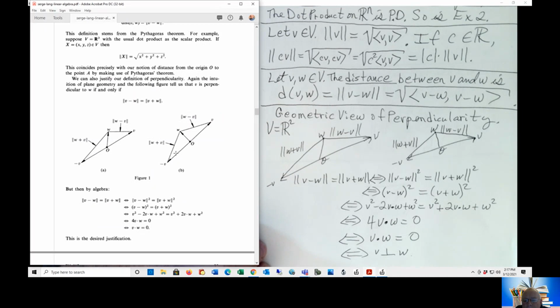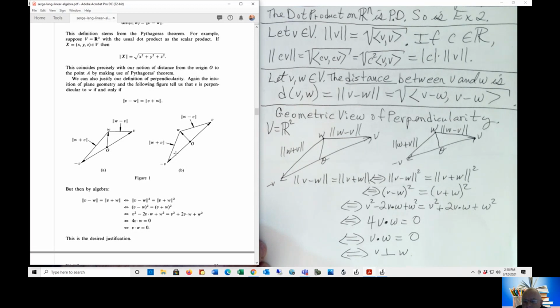We note that the norm of v minus w equals the norm of v plus w. That occurs when what happens? v is perpendicular to w. So as you look at that, these are all non-negative quantities. So that's true if and only if you take the square on both sides. So that's true if and only if the norm of v minus w squared equals the norm of v plus w squared. And then use the good old binomial expansion.